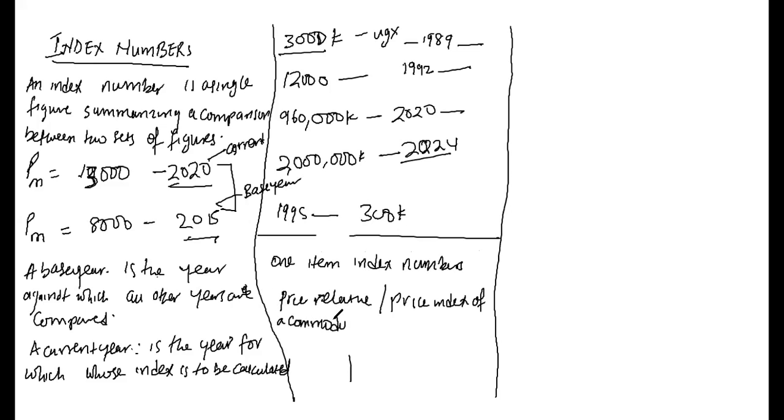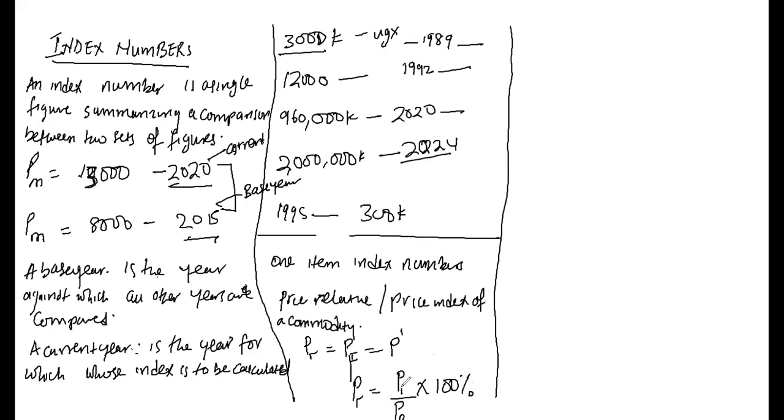It is represented by PR or PI, sometimes P prime. So price relative is the price in the current year, P1, over the price in the base year, P0, expressed as a percentage, times 100.